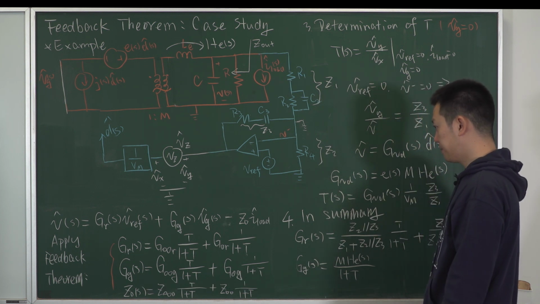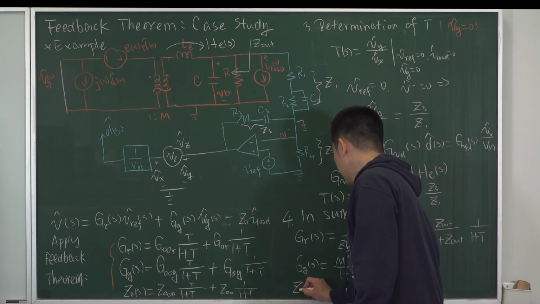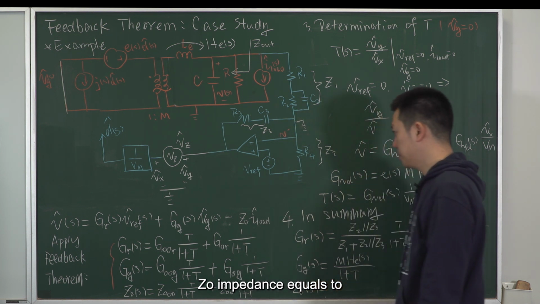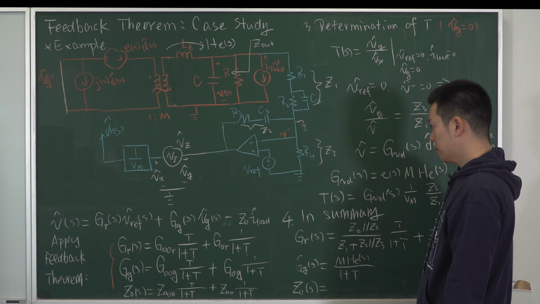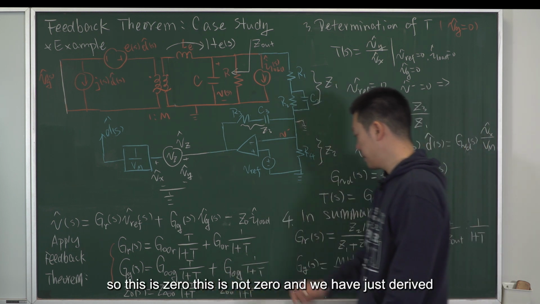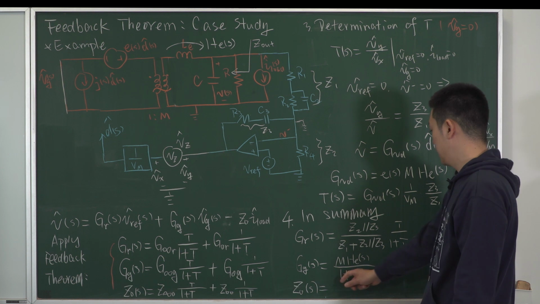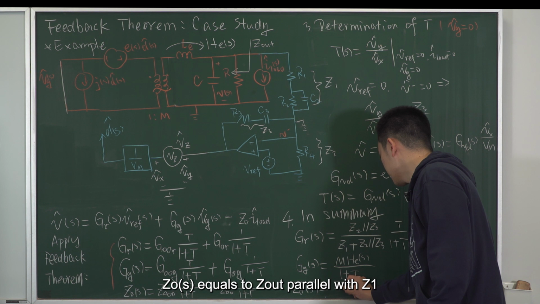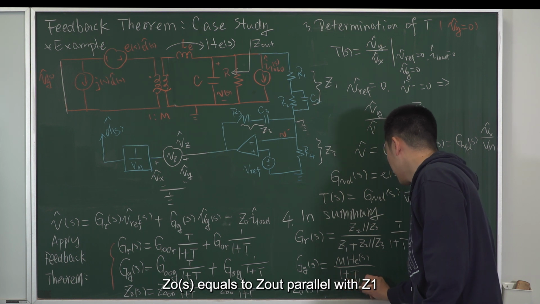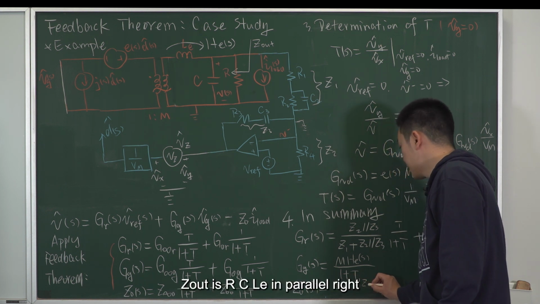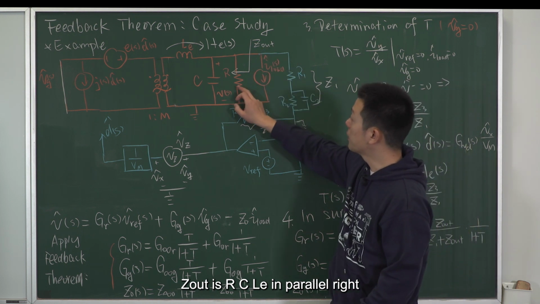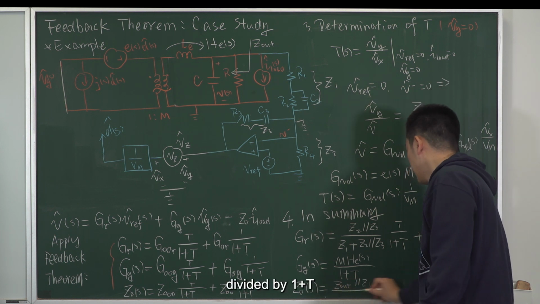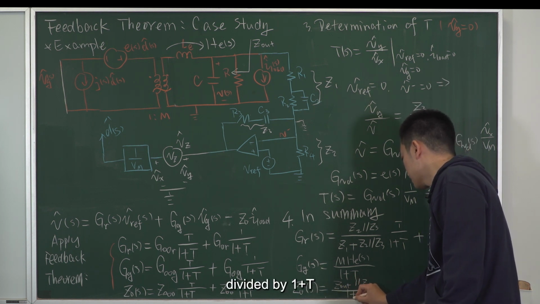And thirdly, output impedance Z out equals to, so this is 0, this is non-zero, right? We have just derived Z out as equals to Z out parallel with Z1. The Z out is RCLE in parallel, right? Divided by 1 plus T.